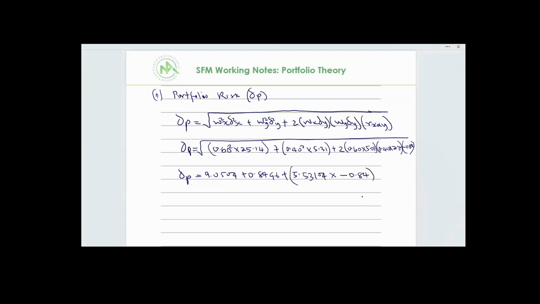It's clearer this way. Therefore, of course, do your square root.